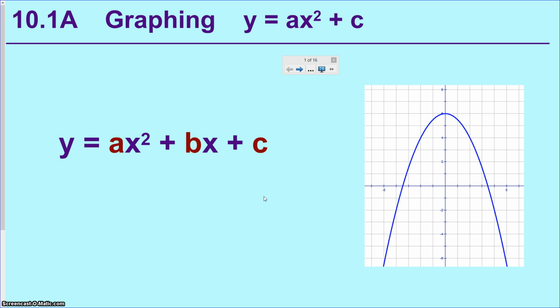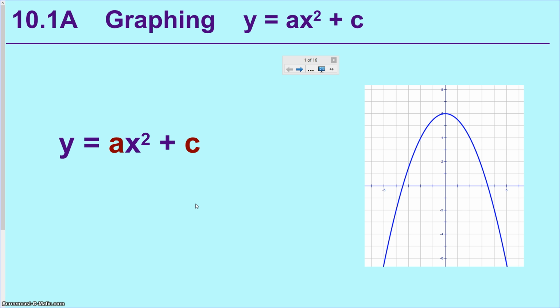Now, like I said, we're going to start with the most simple case, which means that for today, we are going to get rid of that middle term. And we are going to simply deal with the formula y equals ax squared plus c. The purpose of this video will be to get you to a point where you should be able to graph a parabola by using a table.